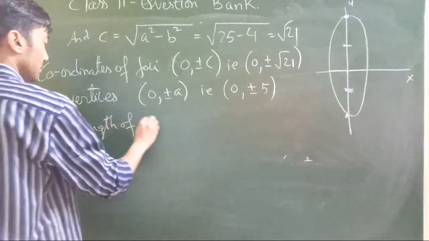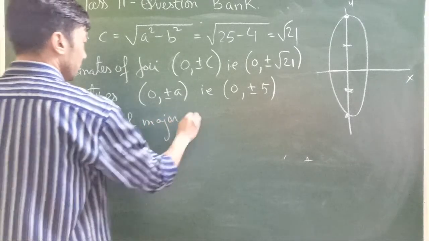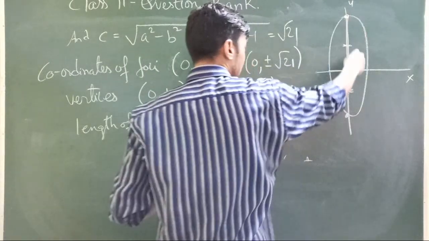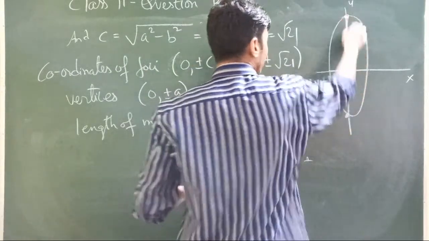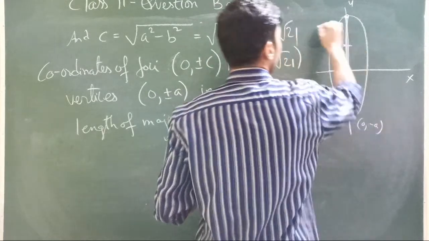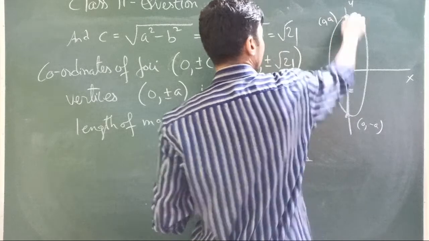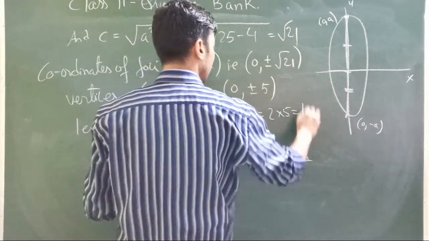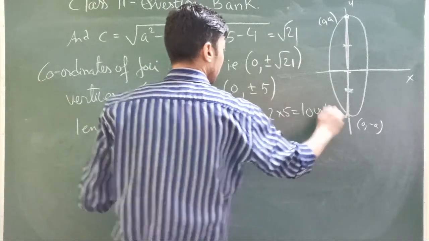This is the major axis for a vertical ellipse. So this is a plus a, because the vertices are 0, minus a and 0, a. So it's a plus a, so that's going to be 2a. That's 2 into 5, that is 10 units.